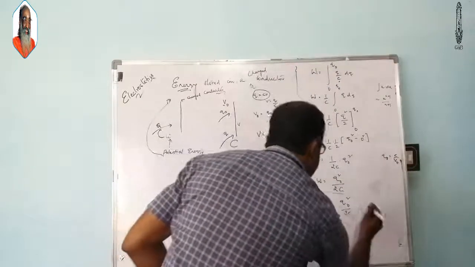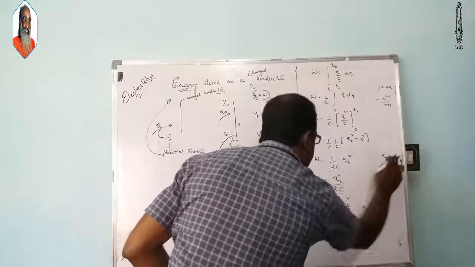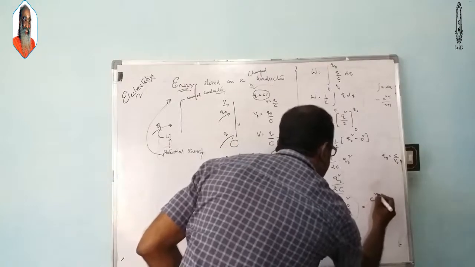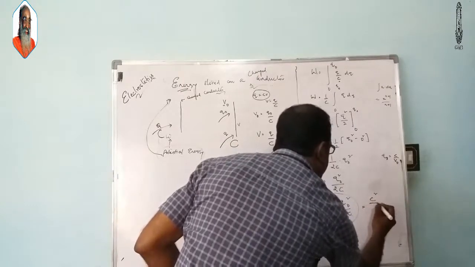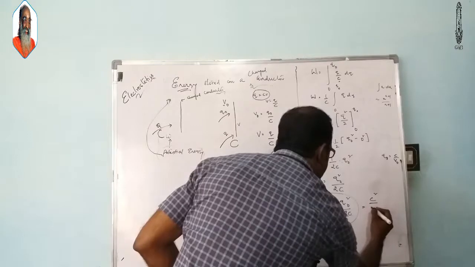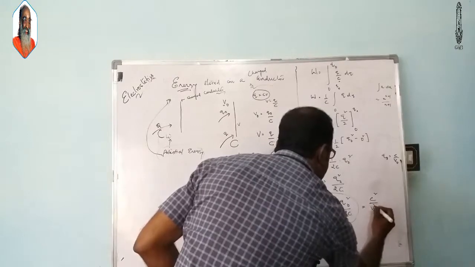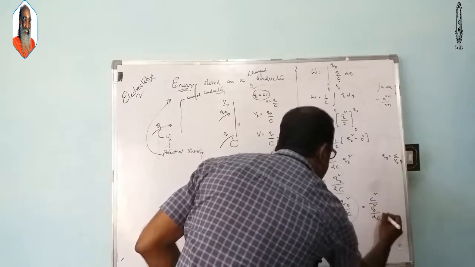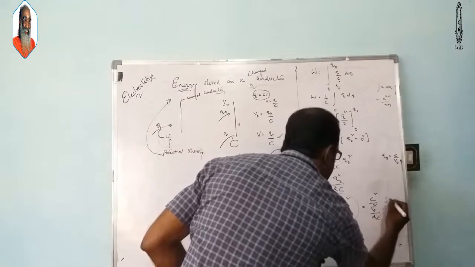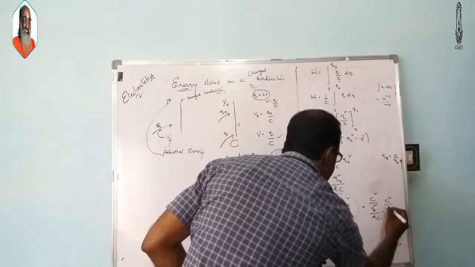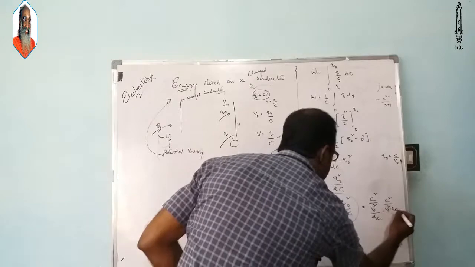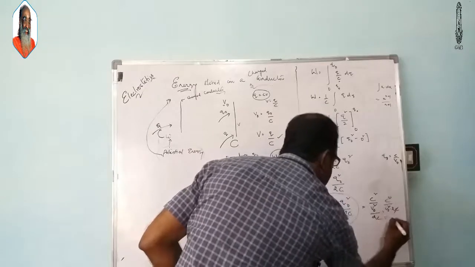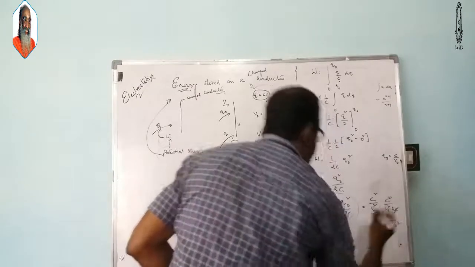So we can write, instead of Q naught square, C square V naught square by 2C. So this becomes C square V naught square by 2C.